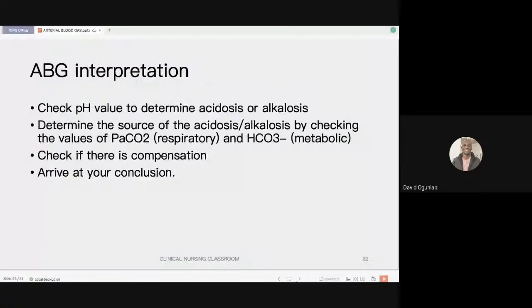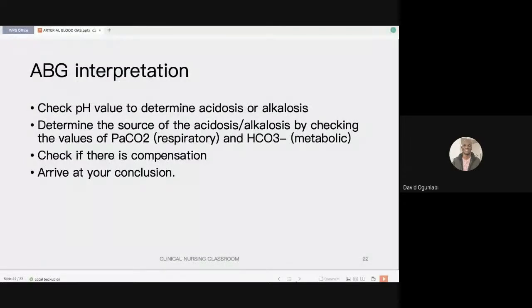Yes, let's go to our major discussion, ABG interpretation. There are 4 steps, and then you arrive at your conclusion, because we'll be treating case scenarios now. The first thing is, if you see any ABG values and they ask you to interpret, check the pH value to determine if there's acidosis or alkalosis.